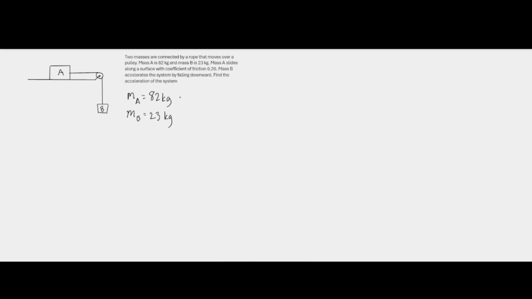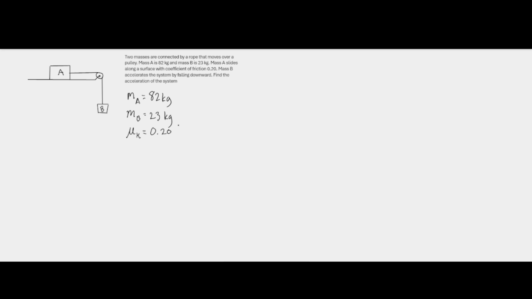Now, we're assuming in this case this is going to be a coefficient of kinetic friction. We're going to assume once this system is released from rest that the objects are moving immediately, so it wouldn't be static friction in this case. We're writing this then and assuming that these objects are going to be moving right away. So this is a coefficient of kinetic friction, and its value is 0.20.